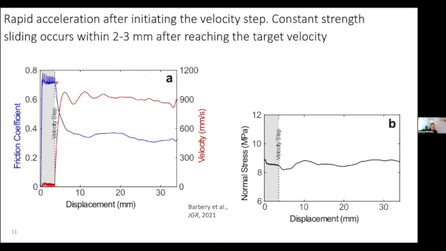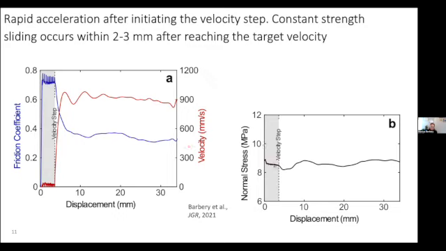After we initiate that velocity step, we decrease and weaken within a few millimeters of sliding, about 1 to 2 millimeters after reaching our peak velocity, which in this case was about 900 millimeters per second. And after that initial weakening, we maintain relatively constant strength sliding for the rest of the experiment.